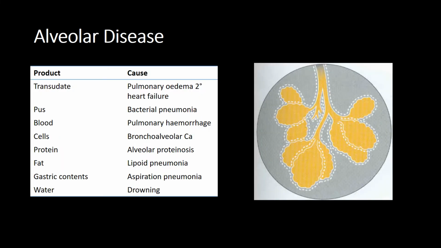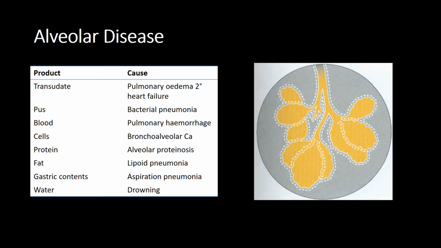Alveolar disease, interstitial disease, consolidation and pneumonia are all very closely related. So alveolar disease is an airspace disease. What happens is the filling of the alveolar spaces with abnormal material.